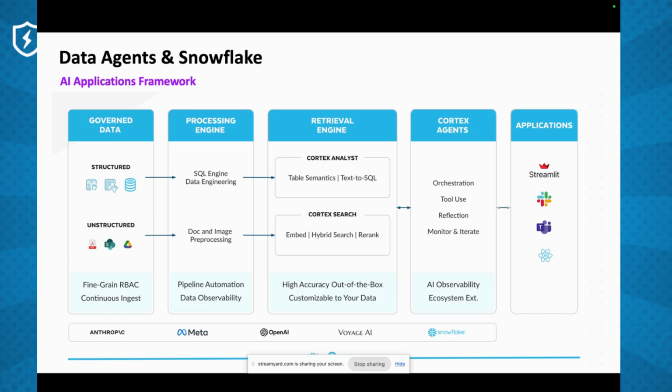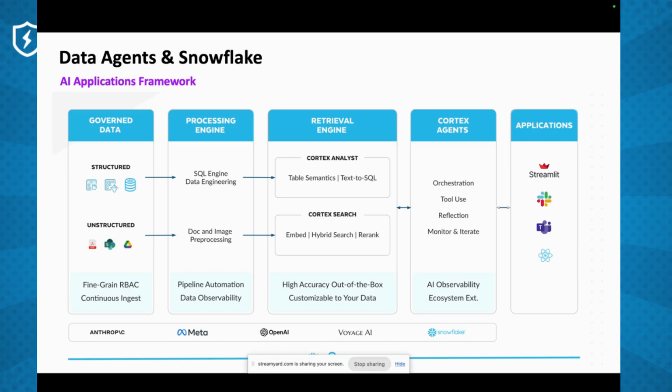This is another slide which is very, very nice, and it's about the AI applications framework. Think of this slide like the data modernization slide and the data agent slide that I spoke about, bringing all of them together along with what Snowflake provides. If you see on the left side, there are actually five pillars here. You start with governed data.